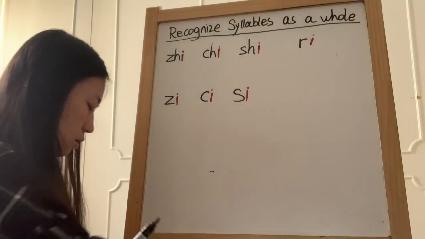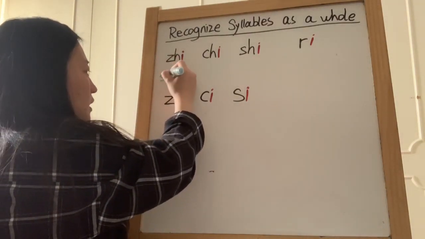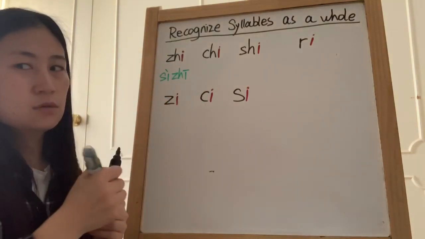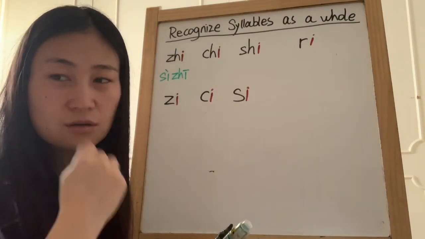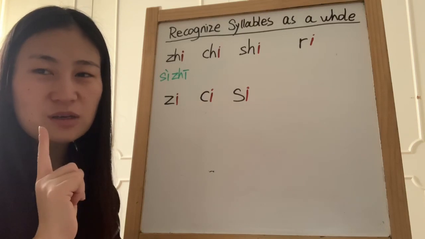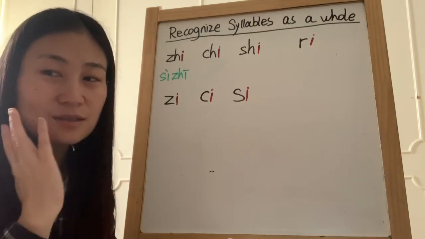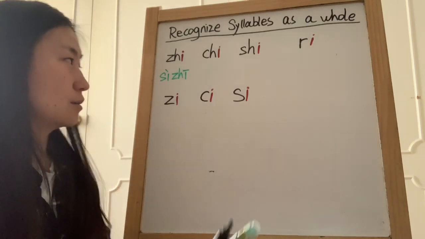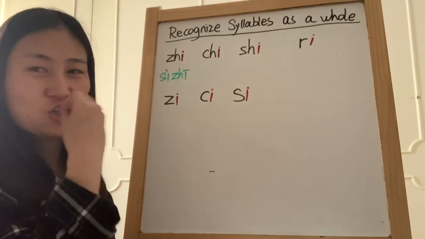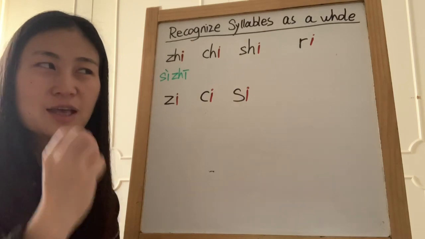One example: 四只猫. 只 is the measure word for the animals. 四只猫，四只狗, right? 吃, right? 吃. But we can do another today.